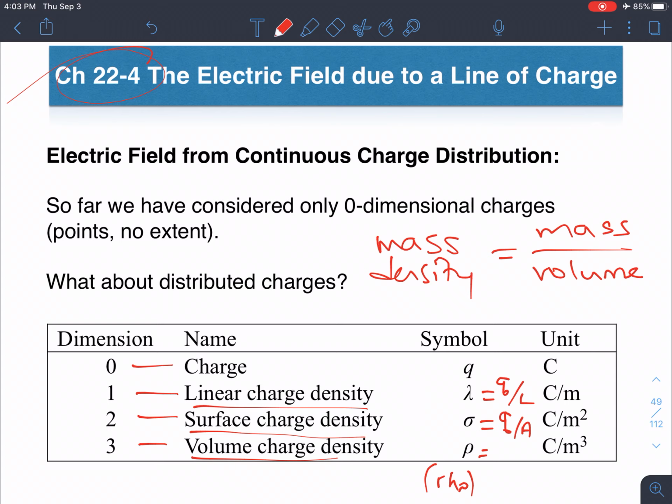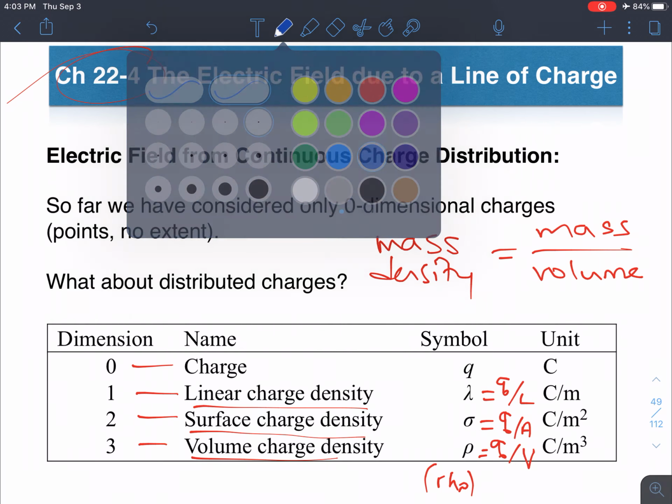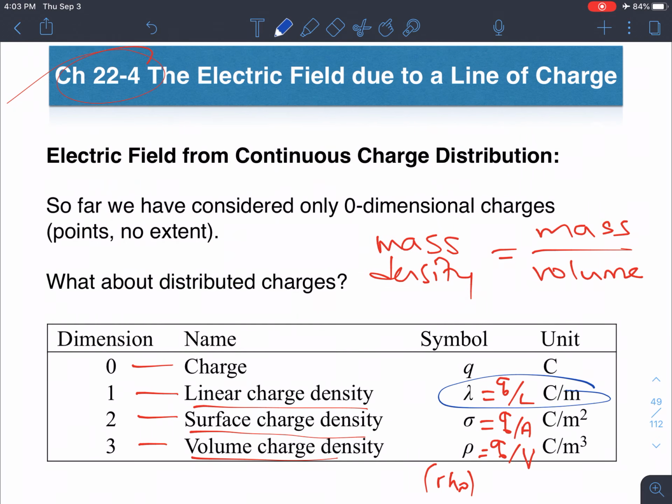And it is the charge divided by volume, V. Volume is meters cubed, so you have coulombs per meter cubed. This is what's coming in this chapter, and right now we are in line charge, so we are going to focus on this one.